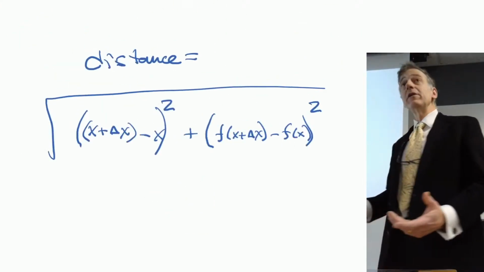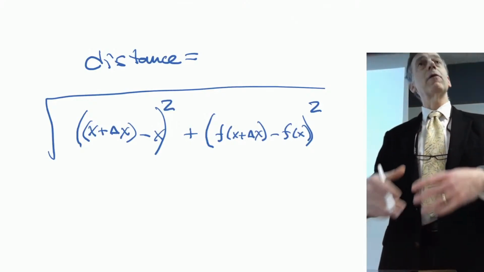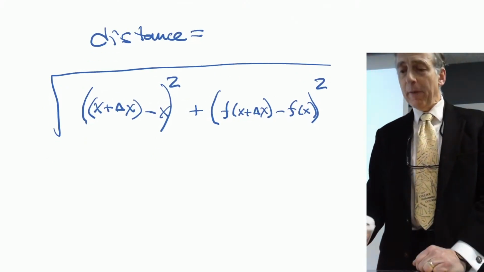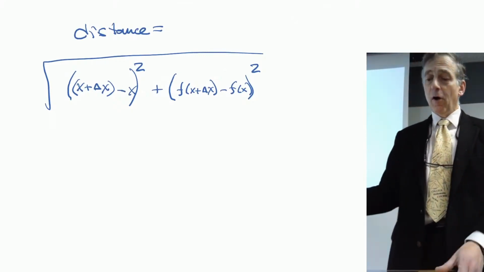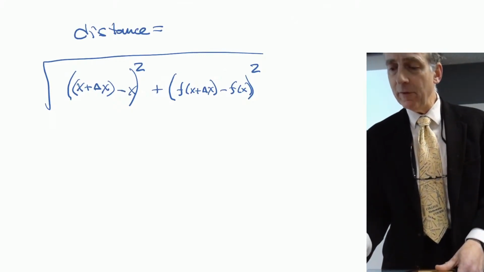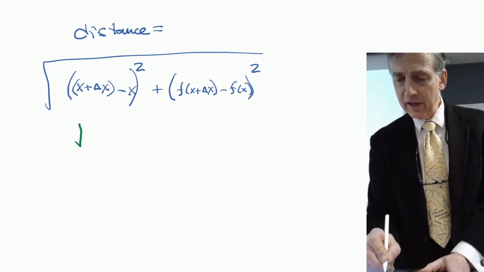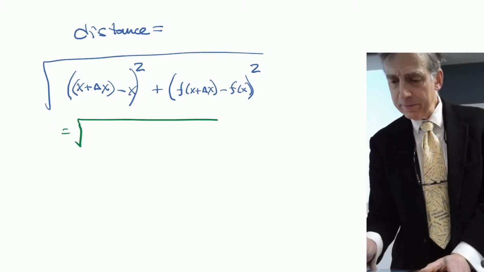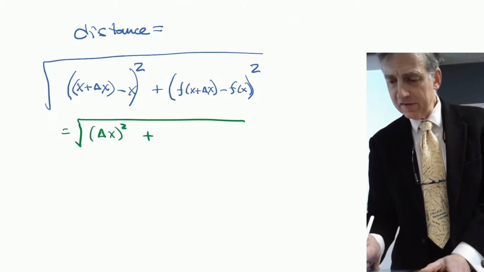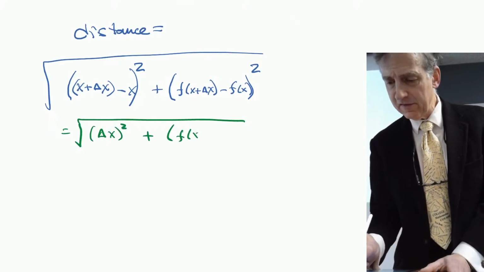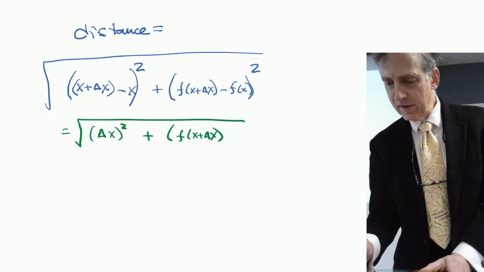All right, so what we're going to be doing is we're going to take that distance and we're going to add up a bunch of distances. But before we do that, it would be helpful if I were to simplify this. Hopefully you can see what's going to happen with the simplification. This is going to equal the square root of delta x squared plus, there's not much we can do with this, f of x plus delta x minus f of x squared.